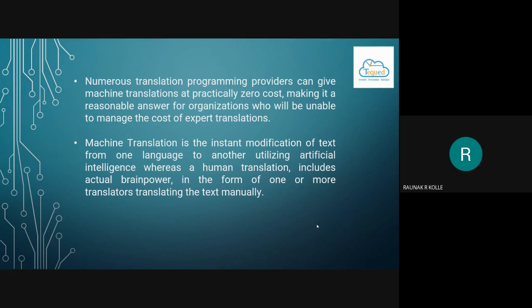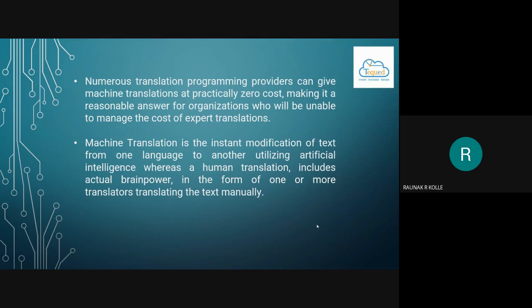Numerous translation software providers can give machine translation at practically zero cost, making it a reasonable answer for organizations who will be unable to afford expert translations.